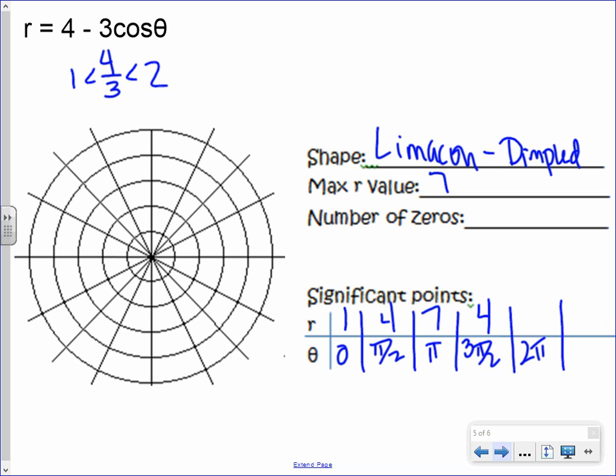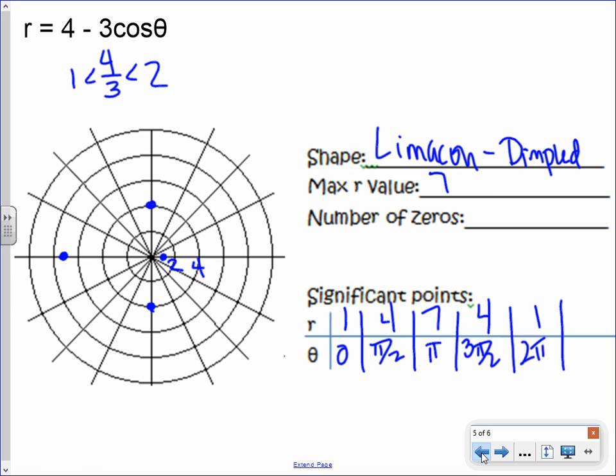And 2 pi. 1. So if we're counting, so 1, 4, 7, 4, 1. Why did I tell you not to graph it?